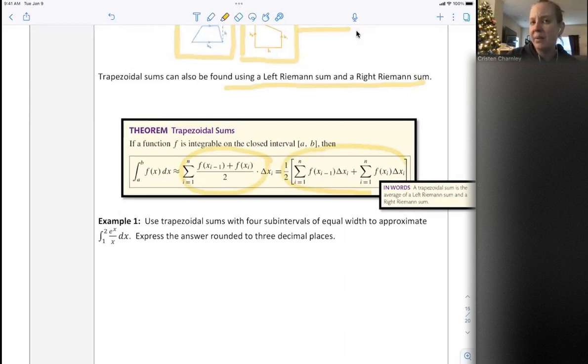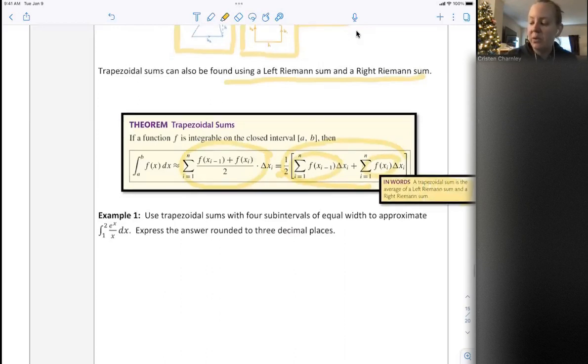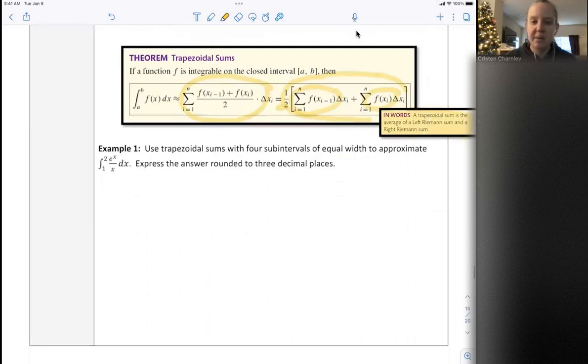If you take the left Riemann sum and the right Riemann sum, add the two together and divide by 2, that's your average, and you get the same result as the trapezoid sum, which when you write it out, makes sense. But is it necessary? No, it's kind of an alternate method. I'm going to go back to just plain old trapezoids because instead of doing a left sum and a right sum, I may as well just jump right into the trapezoid.